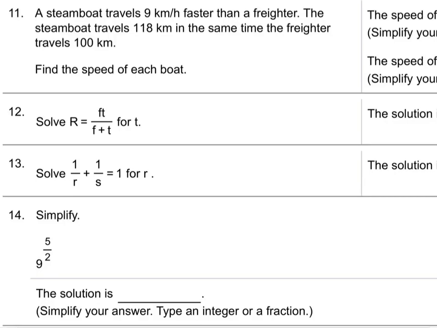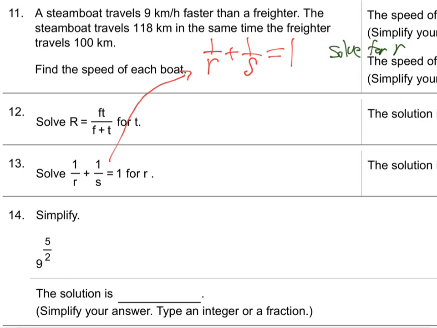Okay, so number 13 now. Bring it up here. So 1 over R plus 1 over S equals 1. And we're supposed to solve for R. Okay, so how do we solve for the little r?